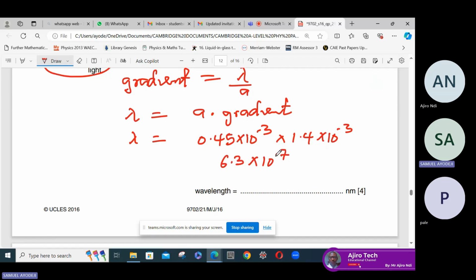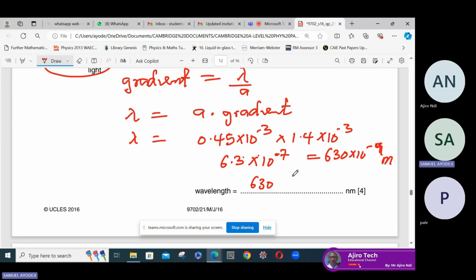So we are moving to nano. I'm moving forward, that should be 630 nano. If I move one, I have to move two. It's the same as 630 times 10 to the power minus 9 meter. Do you understand why I got 630? You are moving twice. When you move to the right, the negative will increase.